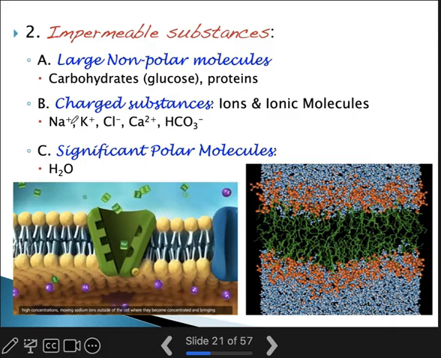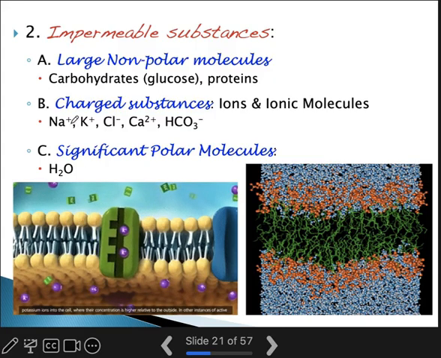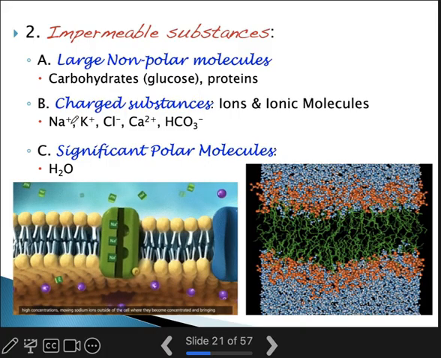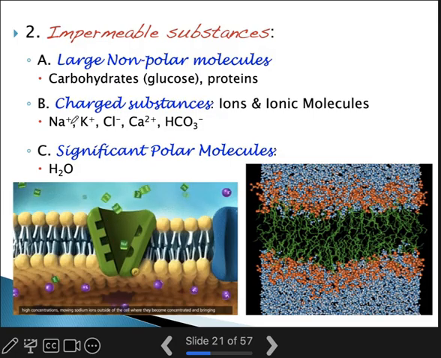If you're thinking about it, the driving force is going to be a concentration gradient. And if sodium is going to move through, it has to pass through all of that hydrophobicity. And it would much rather have stability in a watery environment than be forced through a hydrophobic core. So charged entities, ions and ionic molecules, are not going to be able to diffuse directly through the phospholipid bilayer.